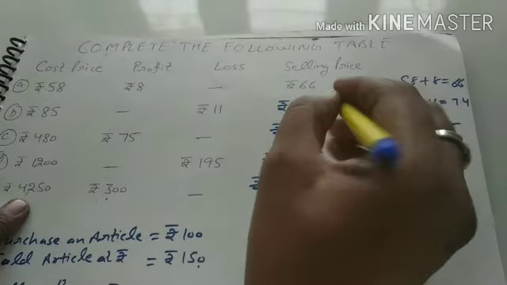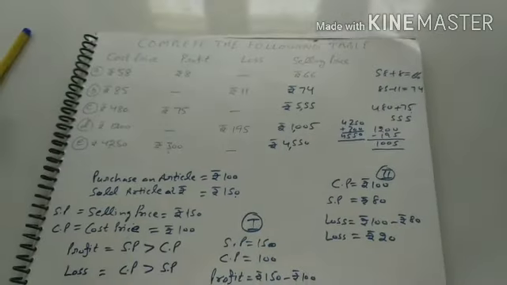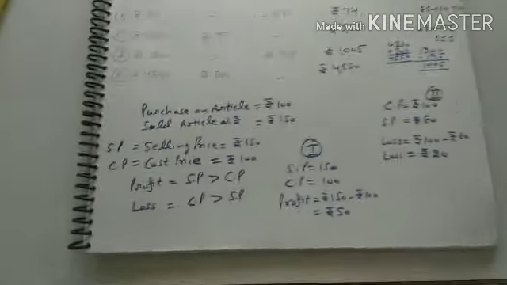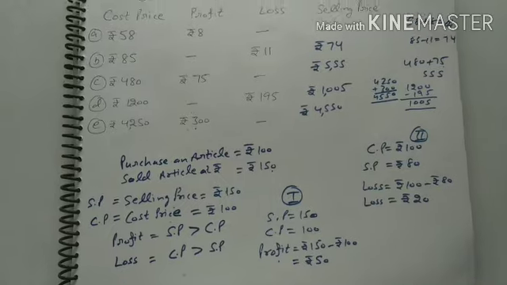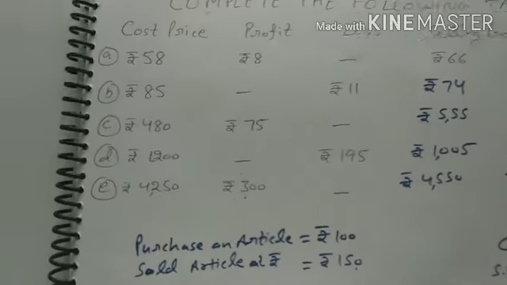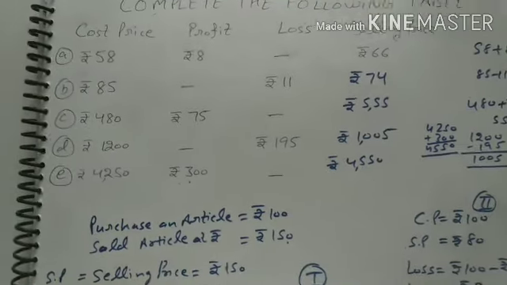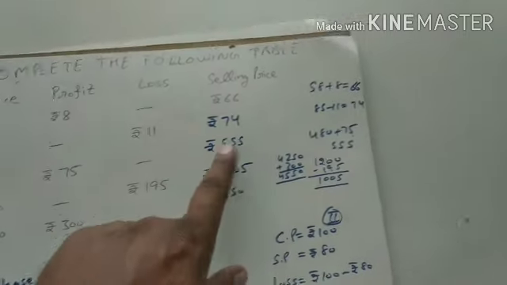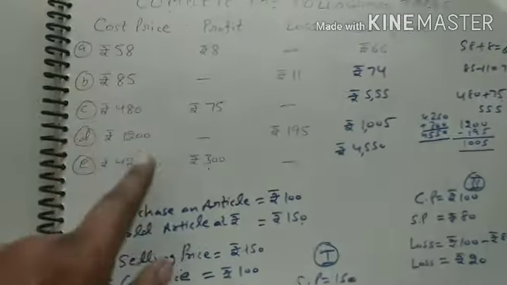You can see I have completed the table, as per the clarity of the concept. So student, in this video you have learnt the basic concept of profit and loss and how to complete the given information that was incomplete. All the fill-ups which were required have been completed in the blue ink here, and the question part was in the black ink.